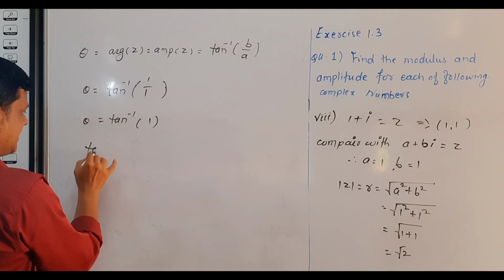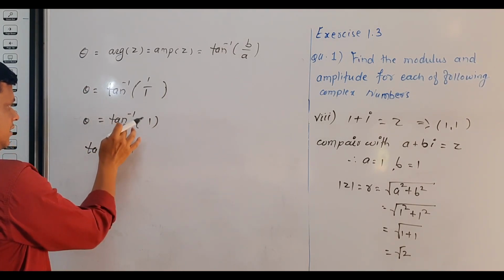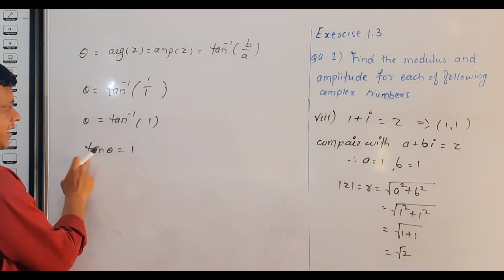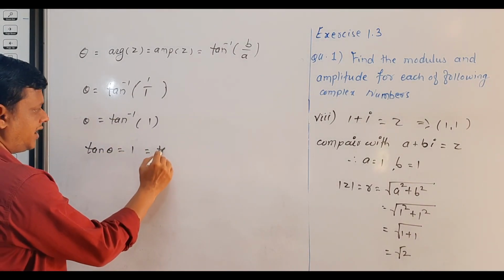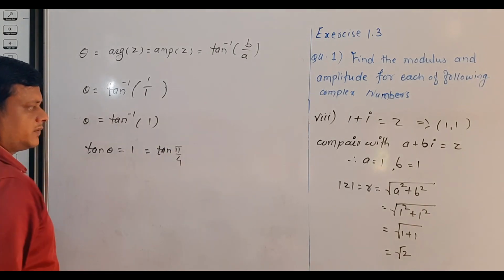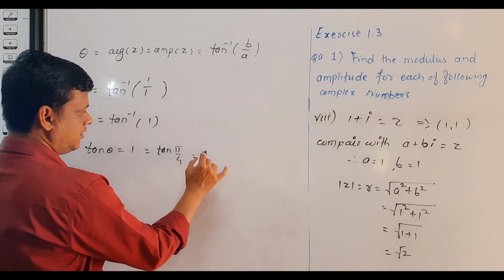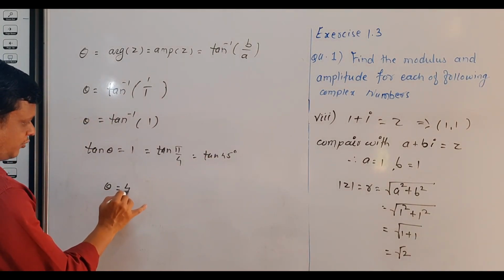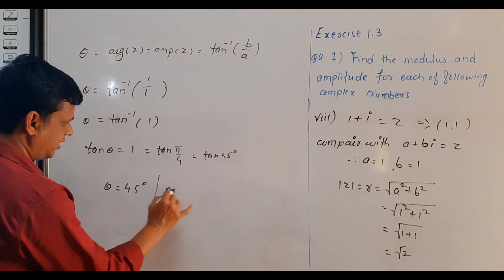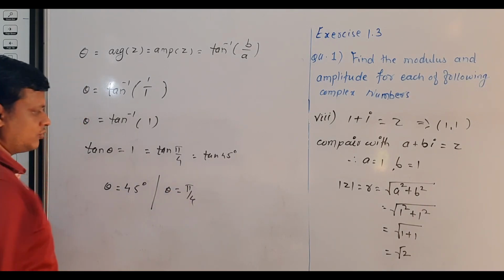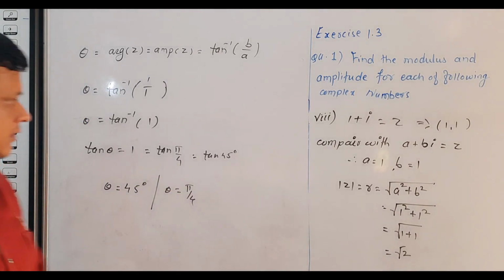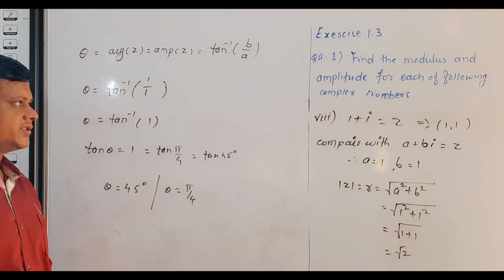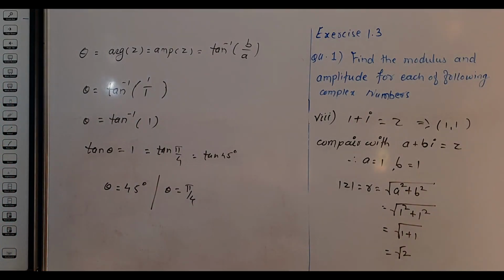So we write this as tan theta is equal to 1. And we know that tan 45 is 1. So theta is equal to 45 degree, that is theta is equal to pi by 4. So in this way we can find r and theta, that is the amplitude.